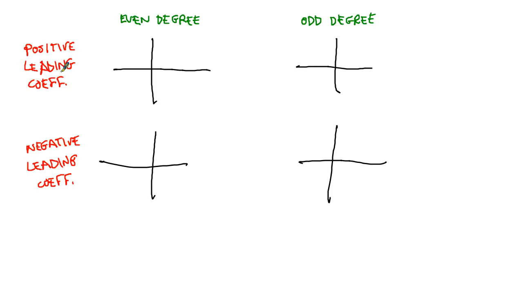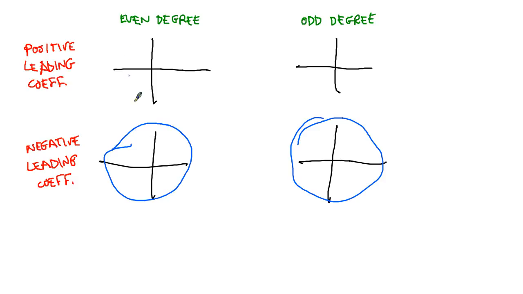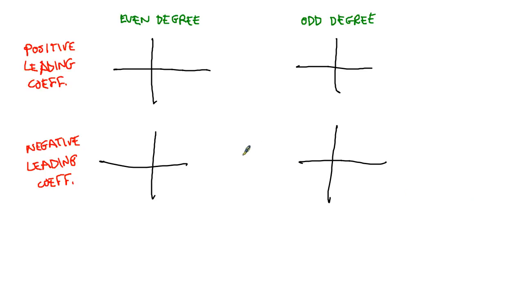Positive leading coefficient covers this row. And negative leading coefficient covers this row. So when we're looking at something like this one right here, this graph is going to represent odd degree and negative leading coefficient. This graph right here is going to represent even degree and negative leading coefficient. All right, go ahead and pause the video and sketch this out, and then we're going to add some stuff to it.